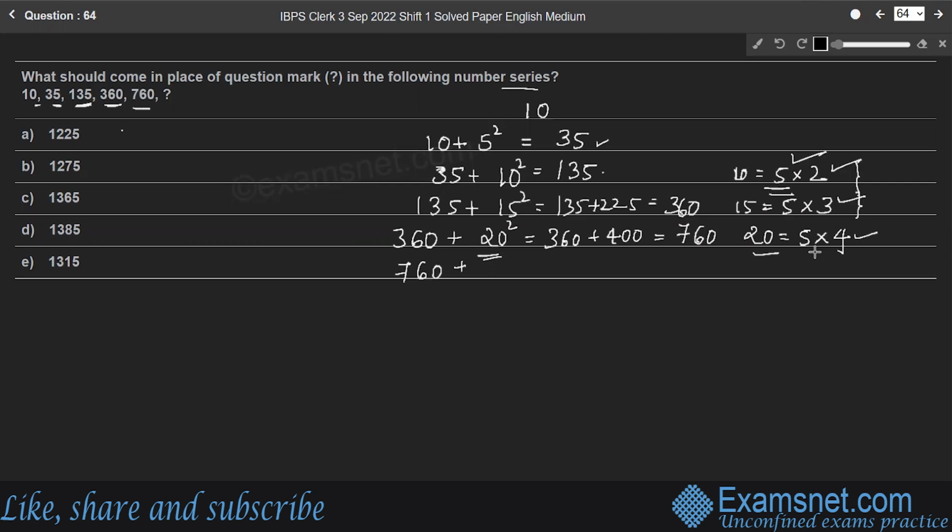So the fifth number 760 plus the square of 25, where 25 is 5 into 5, right? 25 square is 625, and 760 plus 625 is 1385. Therefore, the sixth number is 1385. Hence, option D is the right answer.